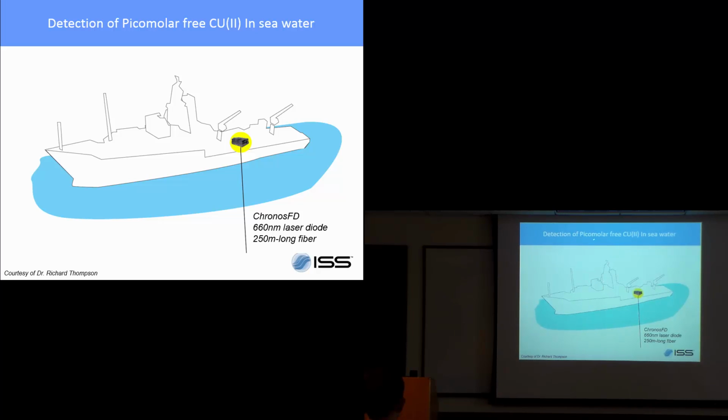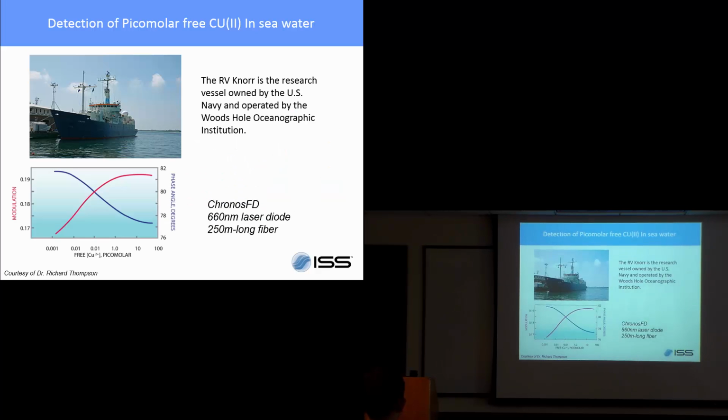His problem was to detect the concentration of copper ion at different levels in the seawater, at different distances from the coast. So he used one of our instruments and put it on a vessel, and actually this is the vessel, the RV Nord, that is stationed at Woods Hole Institute.